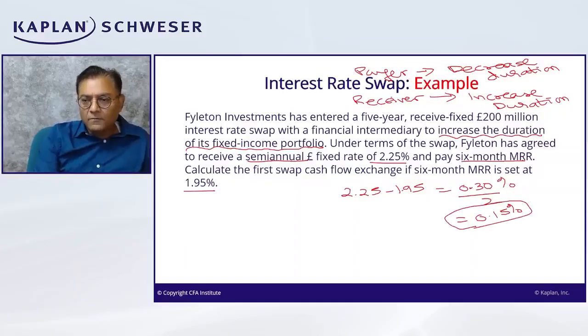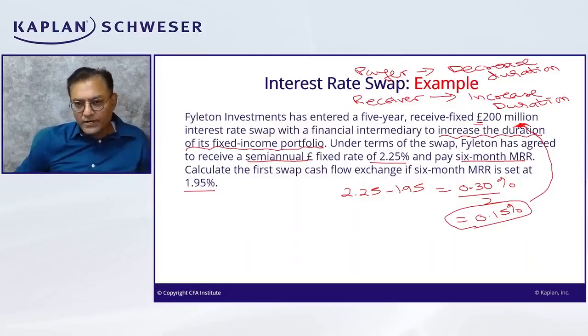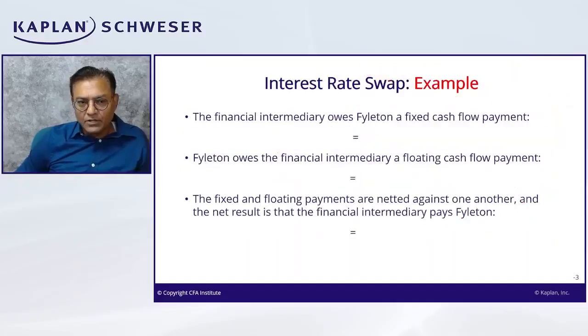Well, we are going to calculate in pound sterling the amount by applying that 0.15% to the 200 million notional provided to us in this example. So that is a shortcut way of calculating the net amount. Let's do it the long way. First, we look at the fixed cash flow receipt.